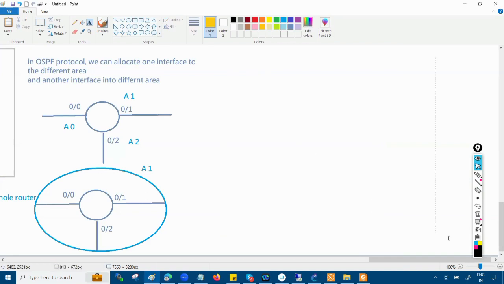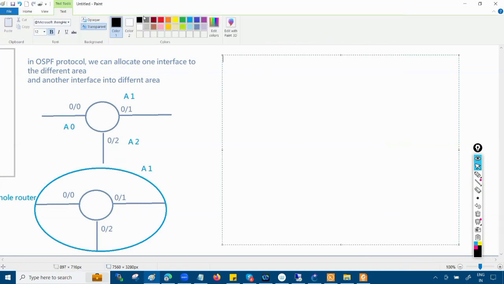As I told you, in OSPF, if you want to deploy the OSPF network, you need to know all the information. You need to know all the types of LSAs. You need to know which router should be the ABR and which router should not be the ABR. You have to predefine these things, and then deploy them in the network. But in IS-IS, it's totally different. IS-IS works on the label concept.